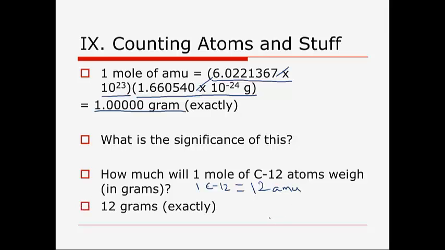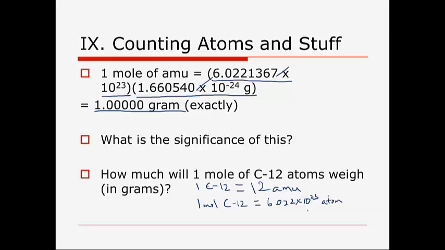Okay. Now, if you take 1 mole of carbon-12, that means I have 6.022 times 10 to the 23rd atoms.